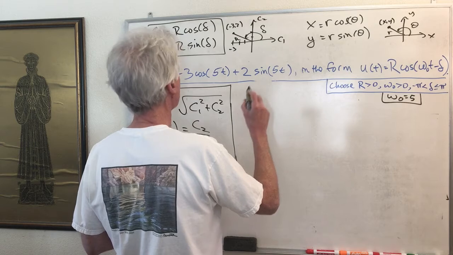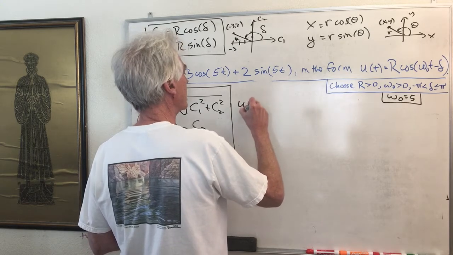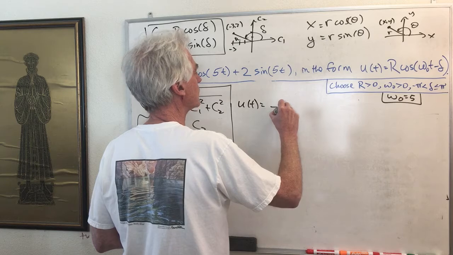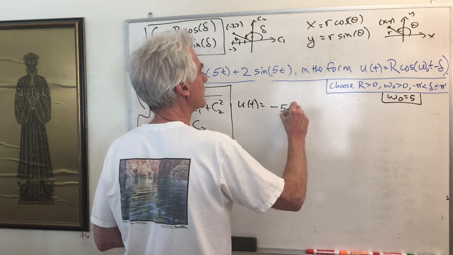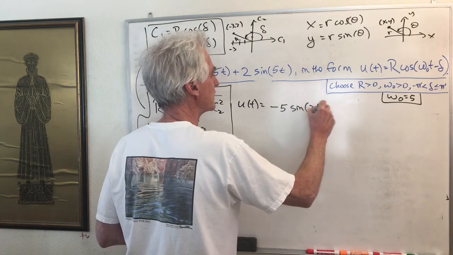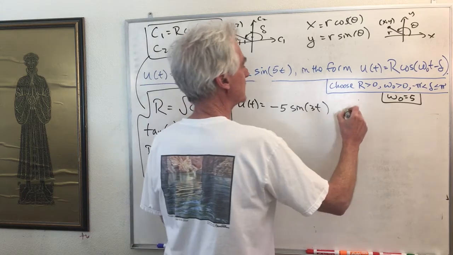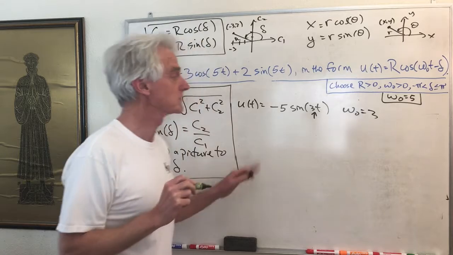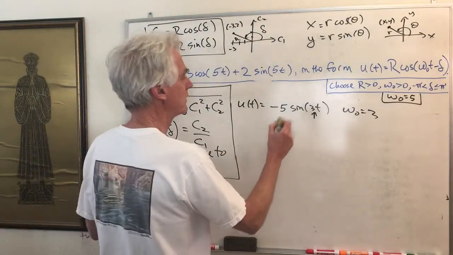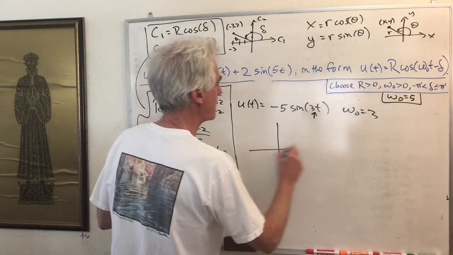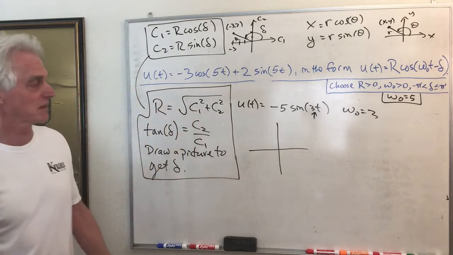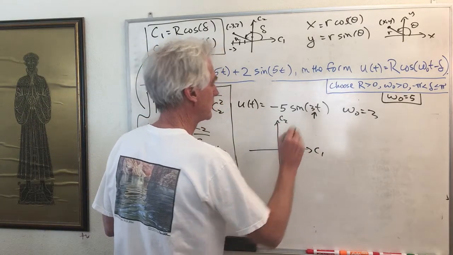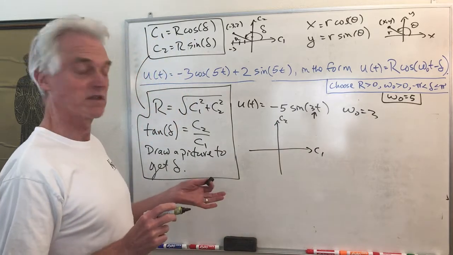One of them is, suppose you've got, say, u of t is negative, I don't know, negative 5 sine of 3t. Well, first you need to have omega naught is 3, because that's the omega naught. Okay? And then I'm actually not even going to use these formulas. I'm just going to plot in the C1, C2 plane what these constants are.